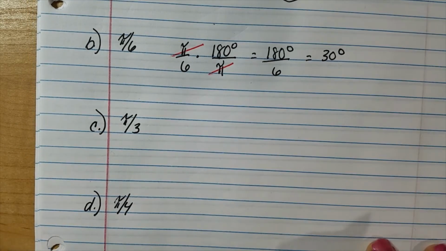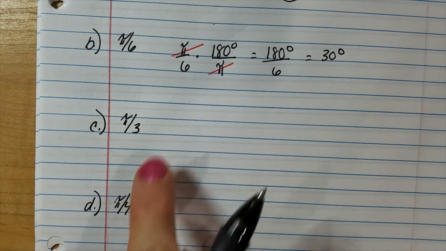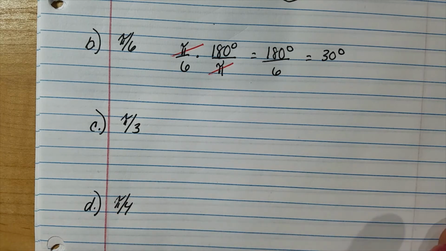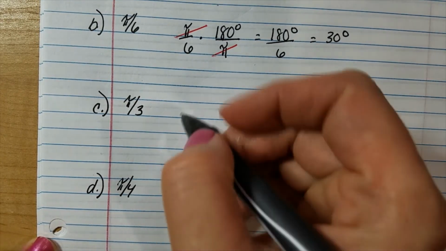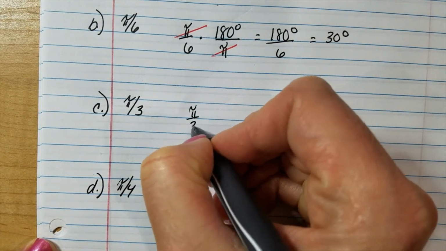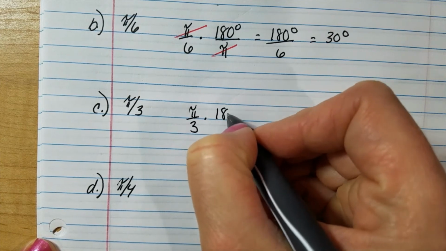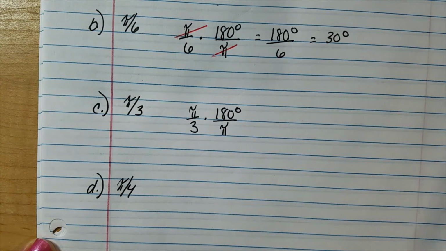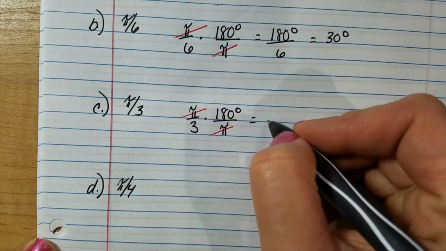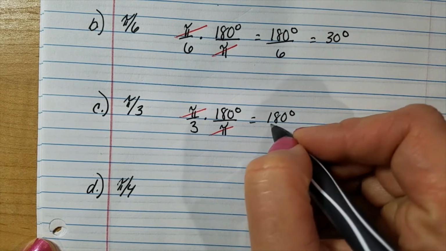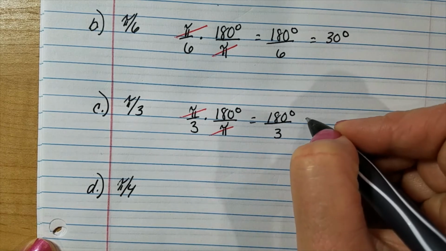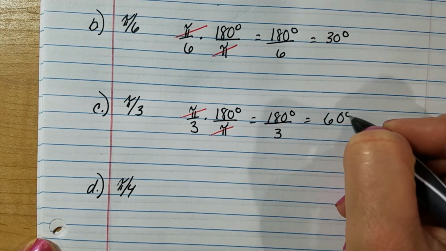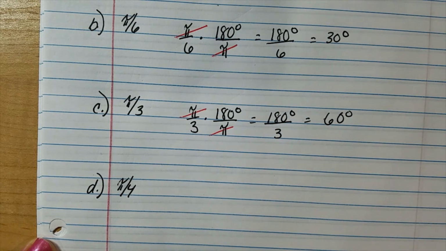Let's look at pi over 3. Again, these are not in your book, but I do want to go through them because we are going to use them on the unit circle. So pi over 3 times 180 degrees all over pi. Pi reduces out. I get 180 degrees divided by 3, which gives you 60 degrees.